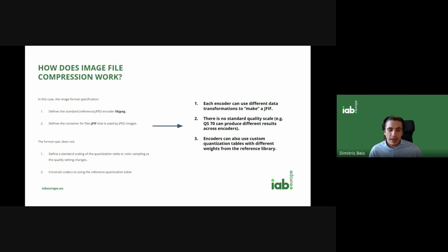But the format spec does not give you a standard scaling of the quantization table, and it does not actually constrain codecs to using the reference quantization table either. What that means is that there is no standard quality scale across image format encoders, and we have different encoders that can use wildly different approaches, some of which we'll explore now.